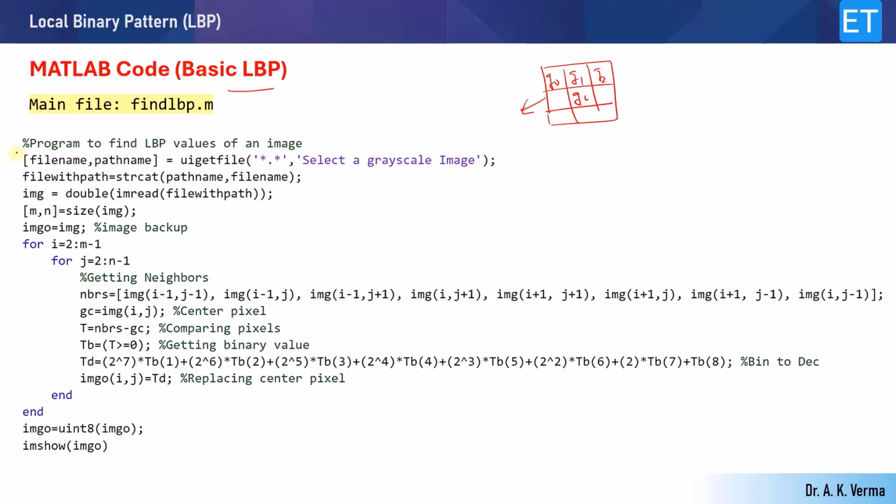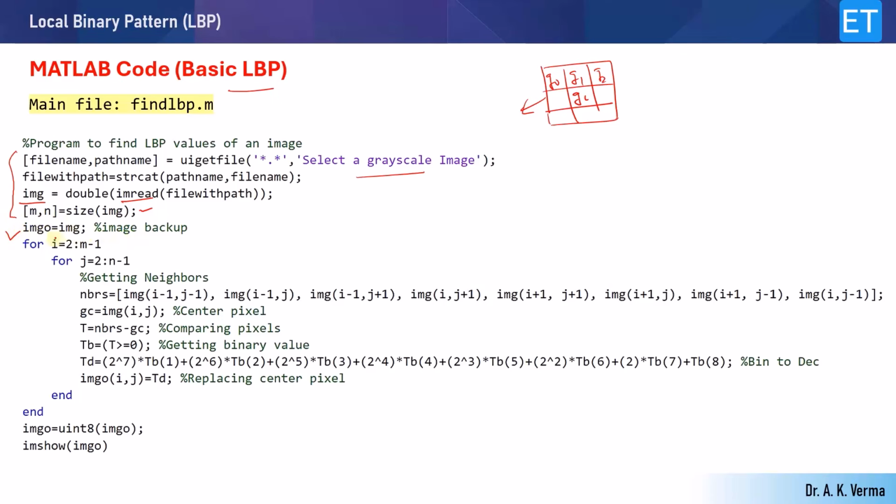Here I am taking my image and selecting the grayscale image. With the help of imread, it goes into the img variable. Now I'm getting the size of img in m and n.